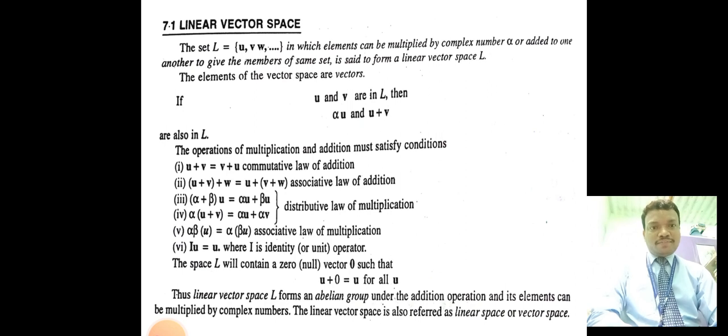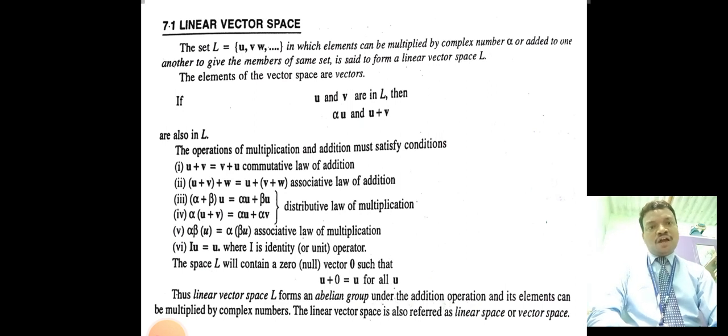So if u and v are in the linear vector space L, then the complex number multiplied with an element, alpha u, and the sum of two vector elements, u plus v, are also in the linear vector space L.